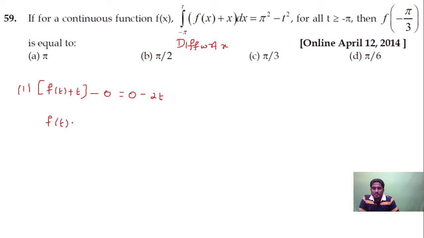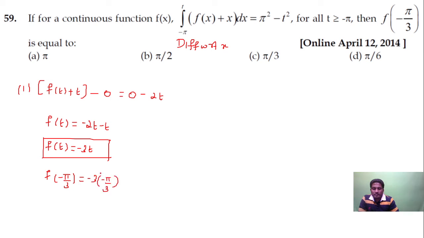Now f of t is equal to minus 2t minus t. You get f of t is equal to minus 3t. I am supposed to find out f of minus pi by 3. You will get minus 3 into minus pi by 3. This will cancel, you get the answer plus pi. Okay, the answer is option A.